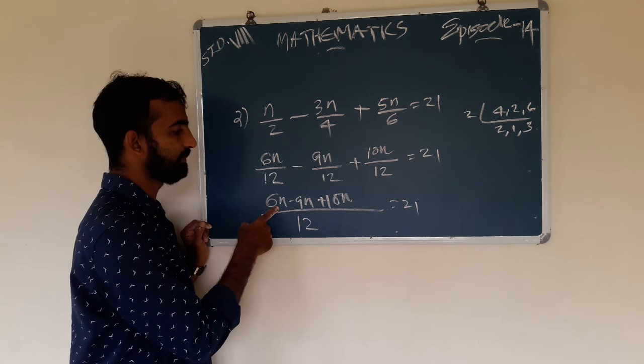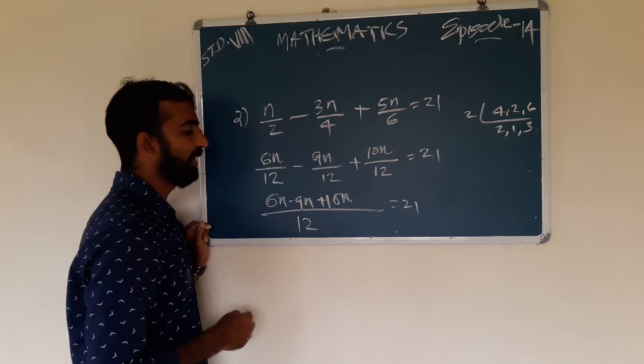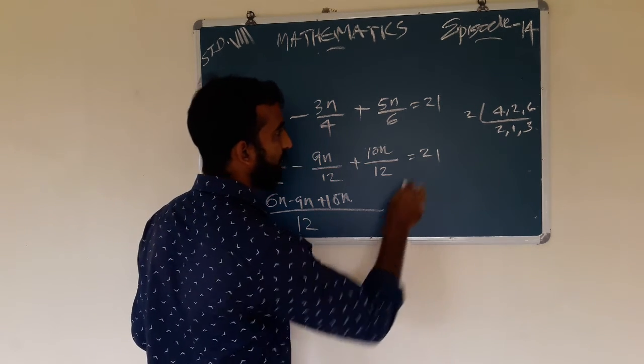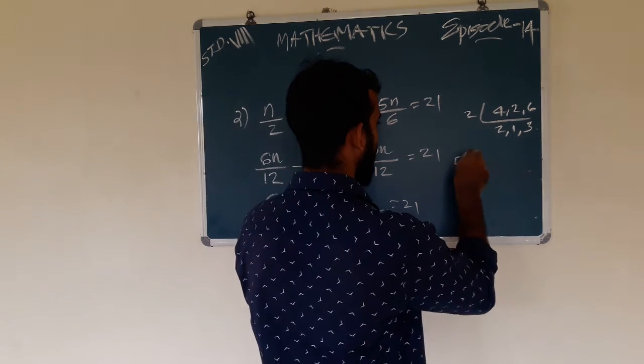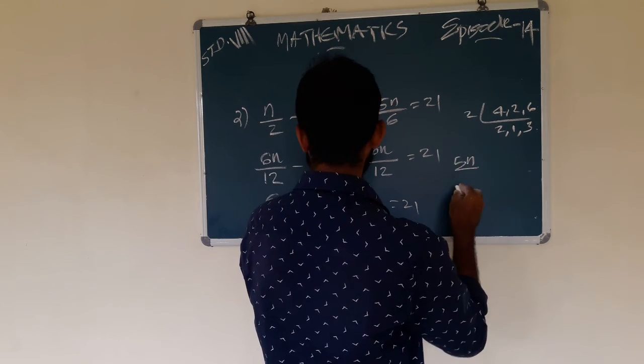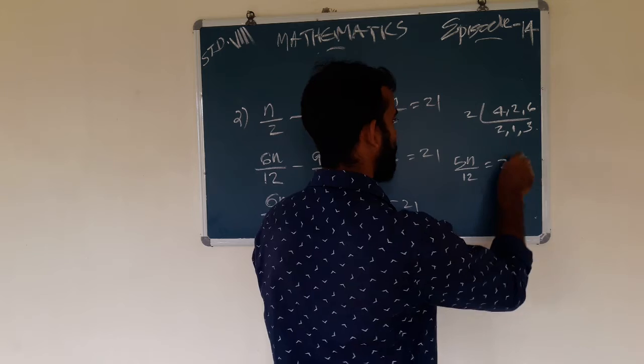Here, what do we get? 5n by 12 equal to 21.